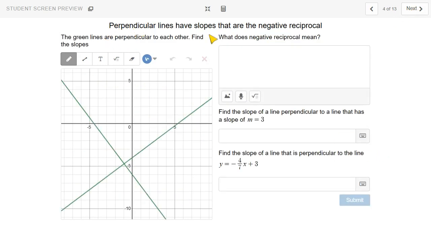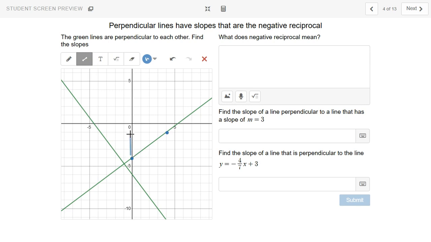Perpendicular lines have slopes that are the negative reciprocal. So these two lines are perpendicular to each other. We're going to use the squares to count the slope, and then we'll examine whether it produces the negative reciprocal. Now, my first one, I'm going to use this point and this point.